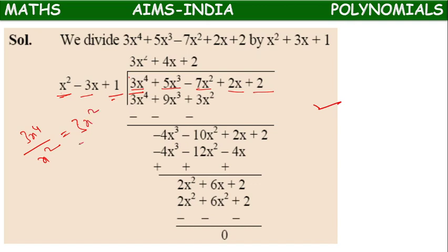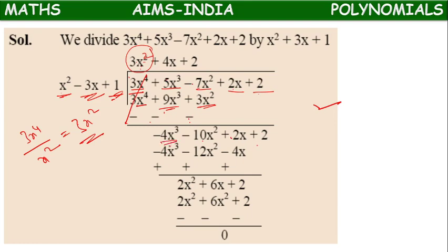So numerator part 3x square. 3x square into x square, 3x power 4, 3x square into 3x, 9x cube, 3x square into 1, 3x square. Symbols change, minus, minus, minus. So this is cancel, minus 9 plus 5, minus 4x cube, minus 7 minus 3, minus 10x square, plus 2x plus 2. We can take them down.